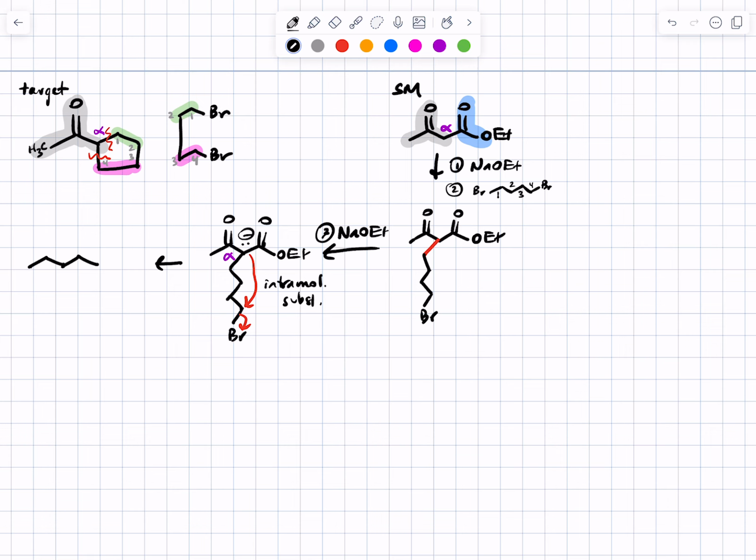That closes the ring. And if you count the atoms correctly, you should get to the right size ring. Then getting to that product is just a matter of ester hydrolysis, decarboxylation, and tautomerization.